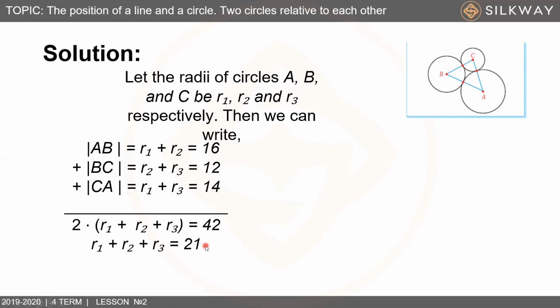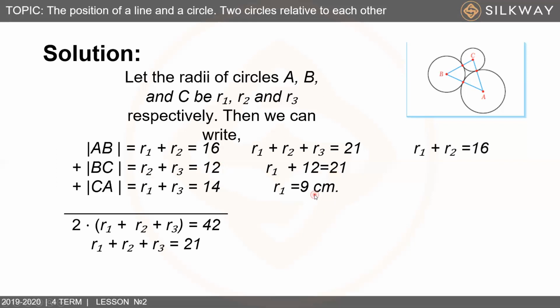R1 plus R2 plus R3 is equal to 21. From this, we know R2 plus R3 is equal to 12. So we put here R1 plus 12 is equal to 21. R1 is equal to 9 centimeters.